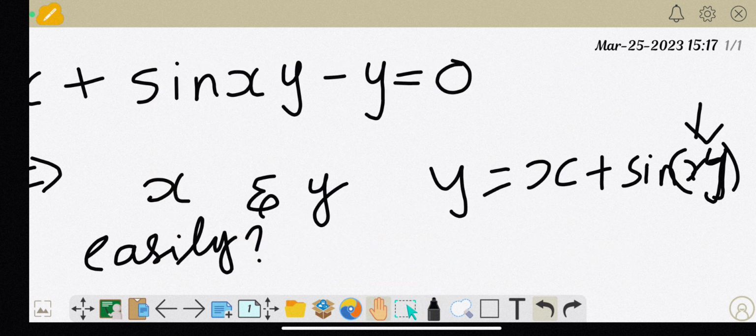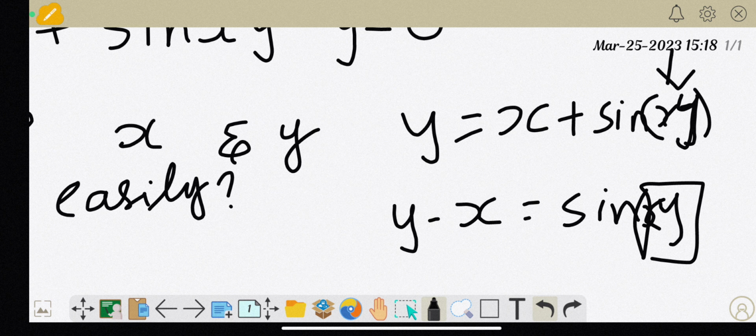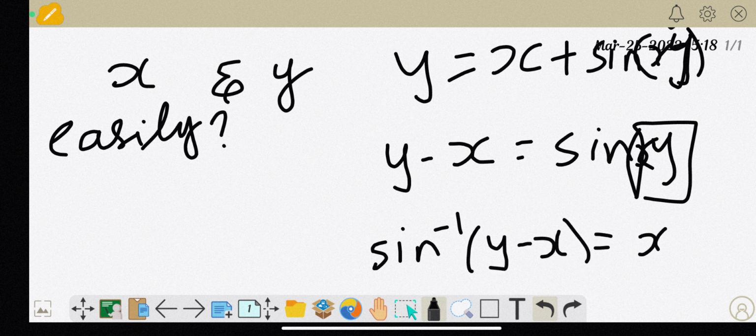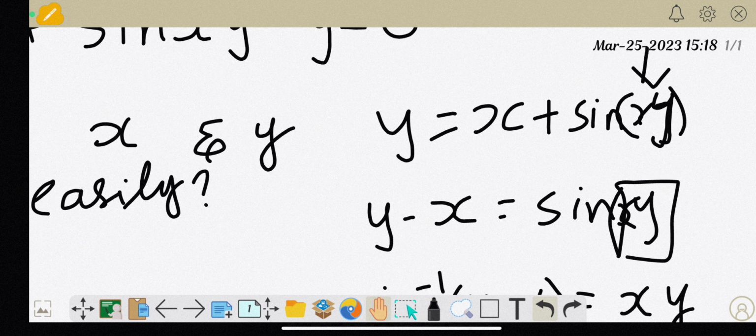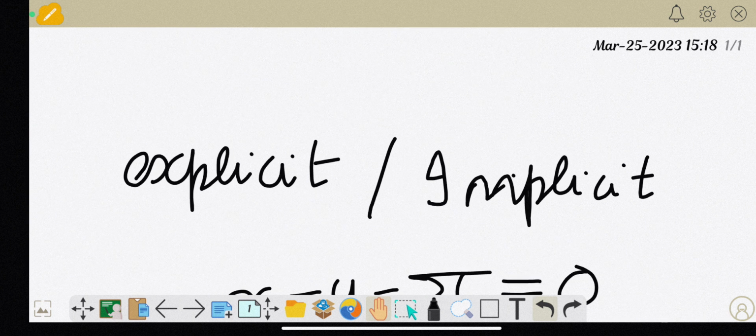So y minus x is equal to sin xy. If I send sine to the other side, it becomes sine inverse of y minus x. However, it is very difficult to separate the x and y terms. These kind of functions which are very difficult to separate, or sometimes cannot be separated, are called implicit functions. So you understood what is implicit and what is explicit function?